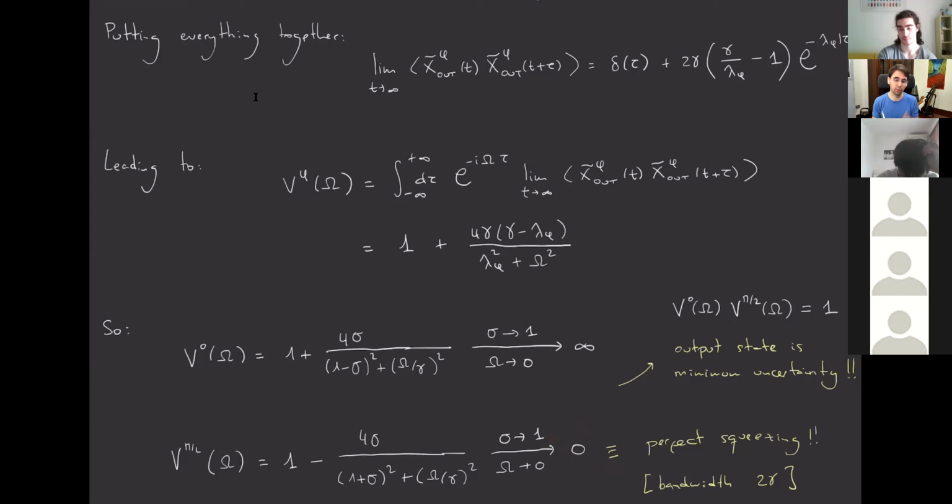And once we have squeezing, we can use it to generate entanglement, which is also very important for quantum information protocols, okay? So this is essentially the story with which I want to finish the course.